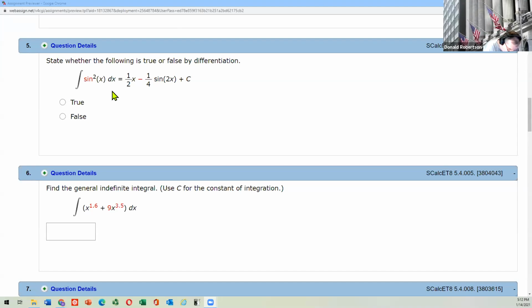So here's question 5, and we're being shown that the integral of sine squared x dx, and we're being told it is a half x, take away 1/4 the sine of 2x, I'd say. And we're being asked to decide, is this true or is this false? So let's get started on that one. Unless I've already done it.